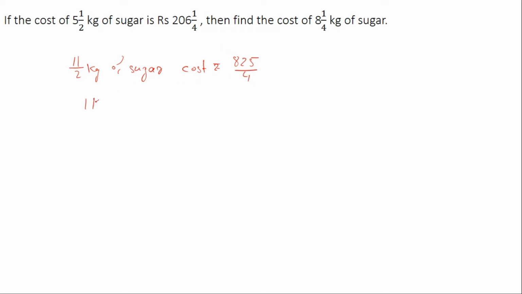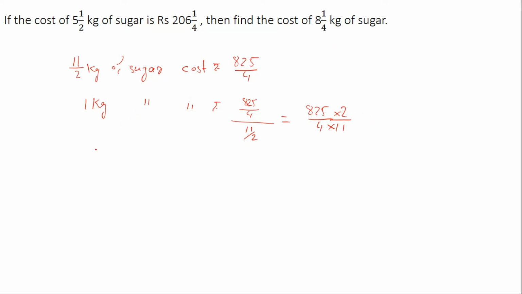then 1 kg of sugar costs rupees 825/4 by 11/2, or we can write it as 825/4 into 2 by 11.